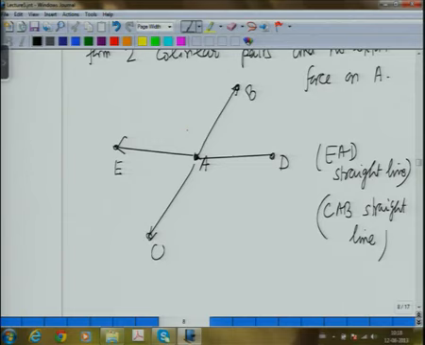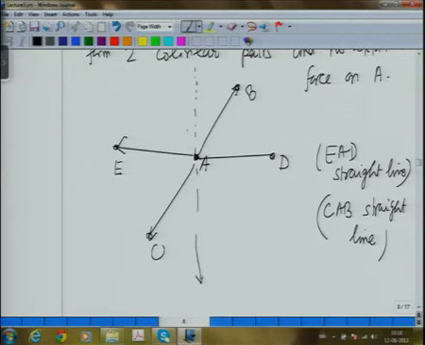Now, if I look at the direction perpendicular to EAD, let us call that the y direction, and I say sigma Fy is equal to 0, what will I get?